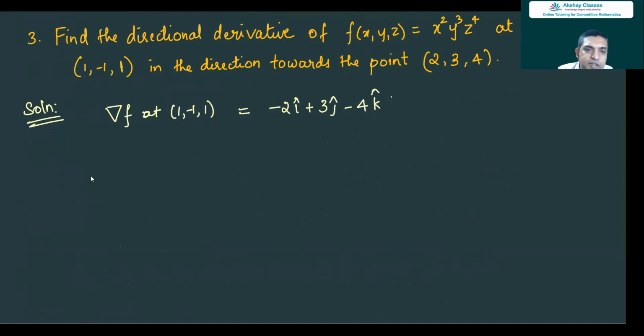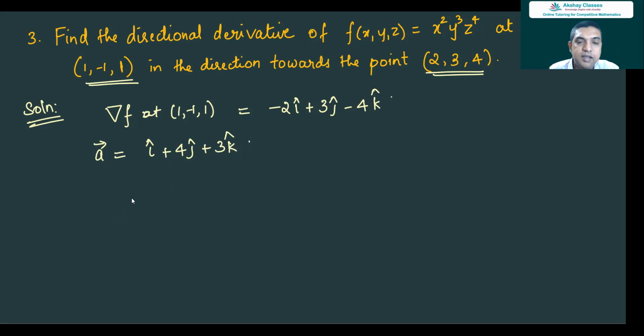This we found out in the first question. Now a bar. So from this point to this point, what is the vector? So ab bar is b bar minus a bar. So 2 minus 1 is 1 times i. 3 minus of minus 1 is 4 times j plus 4 minus 1 is 3.